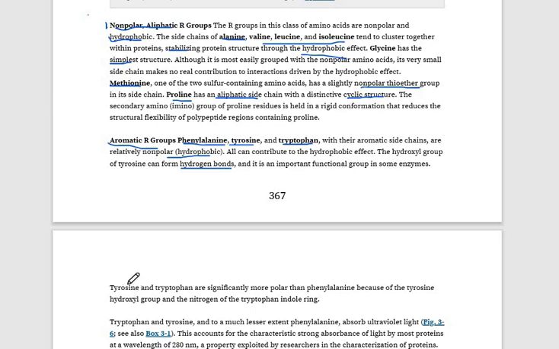Tyrosine and tryptophan are significantly more polar than phenylalanine, because of the tyrosine hydroxyl group and the nitrogen of the tryptophan indole ring.